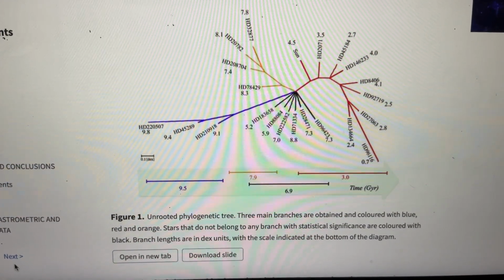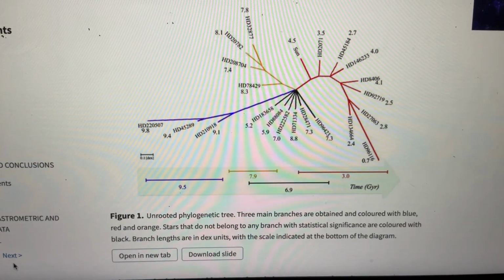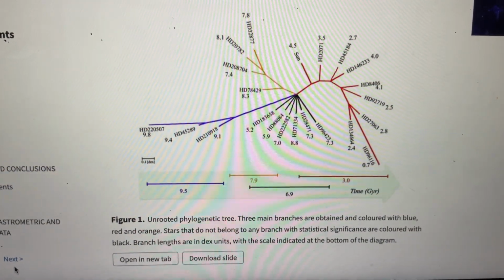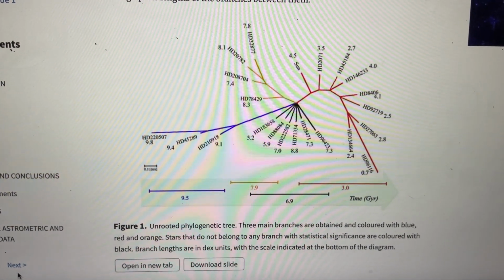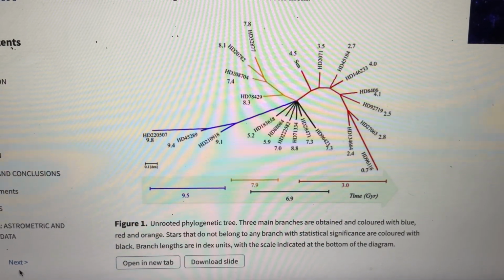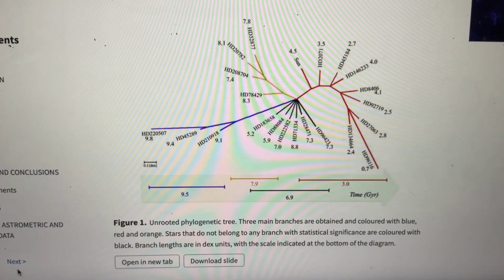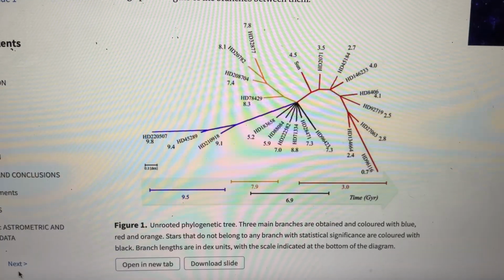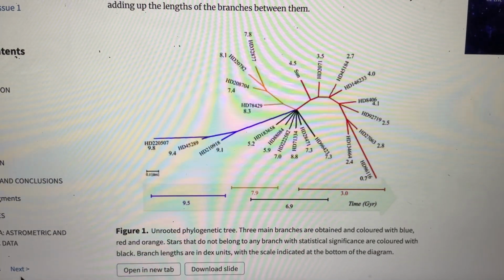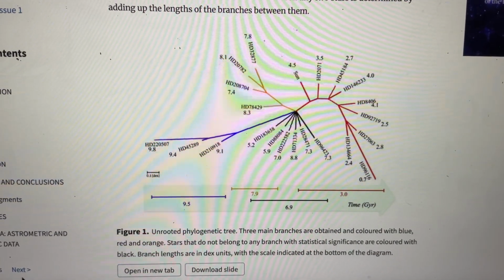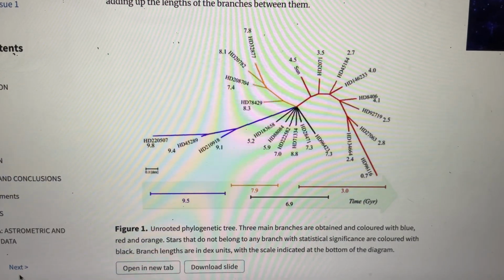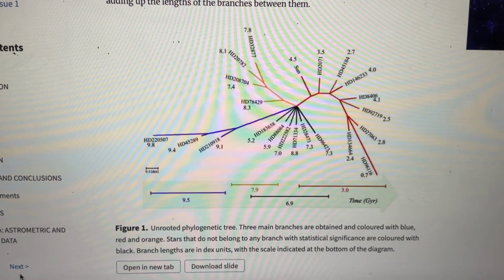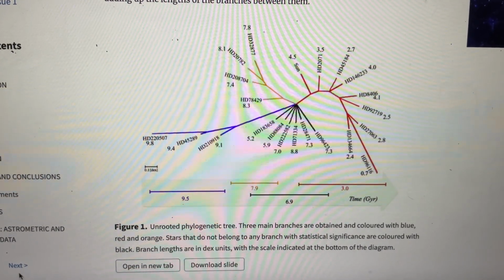So this ultimately means that the longer branches imply greater chemical distance, which ultimately means differences in chemical composition, or the more evolutionary change that is needed in this phylogenetic tree.